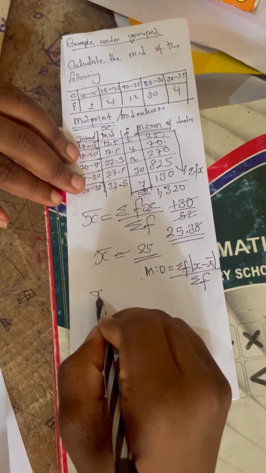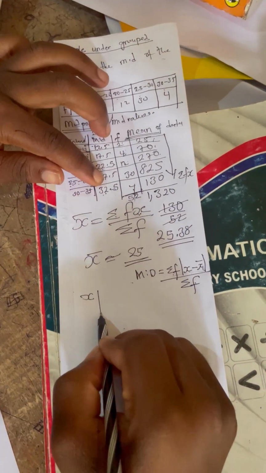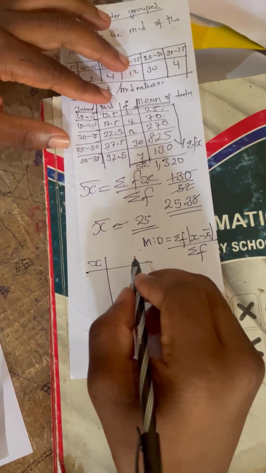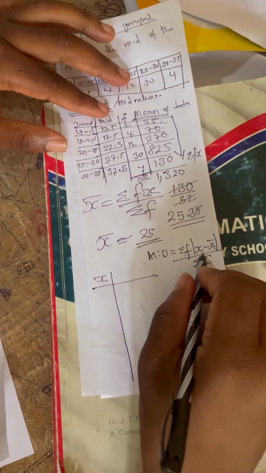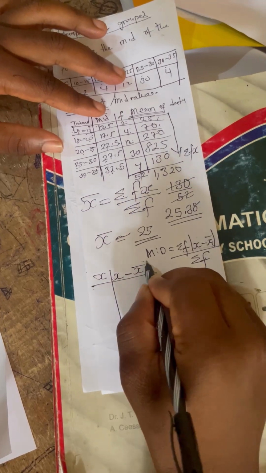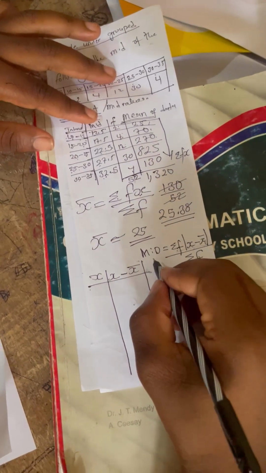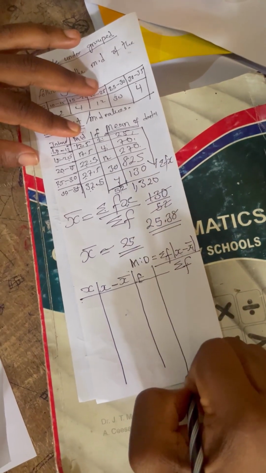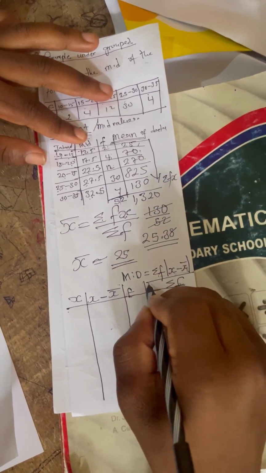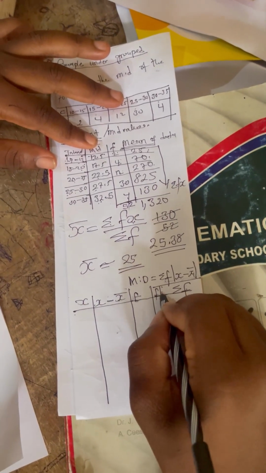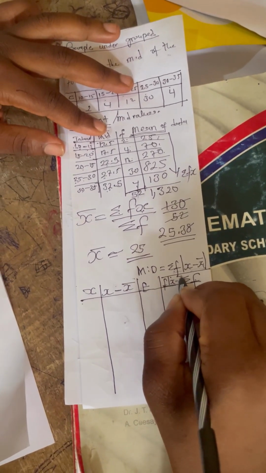So what are we going to do? We need the x. The x values are here. Let us put that in a table. We also need the absolute value of x minus x bar. We also need the frequency. We also need the frequency multiplied by the absolute value of x minus x bar.